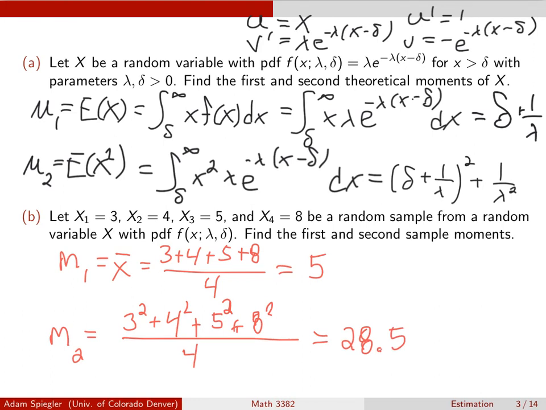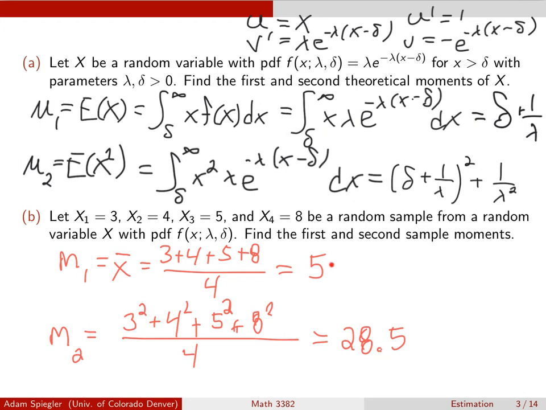Okay, so one thing to make a note of here is that when we calculate our two theoretical moments in part A, these are dependent upon these parameters delta and lambda, but there's no dependence on x here after we integrate with respect to x. And when we calculate the first and second sample moments, we can actually calculate those values.